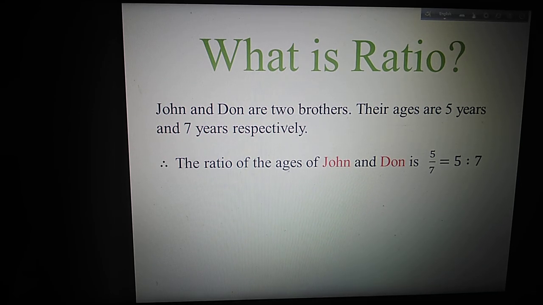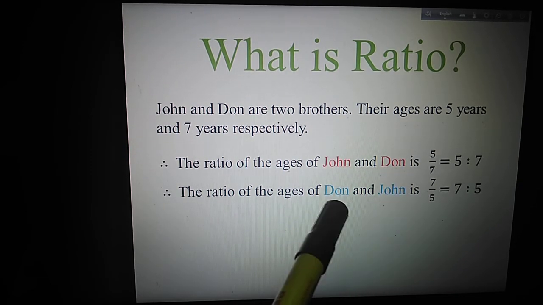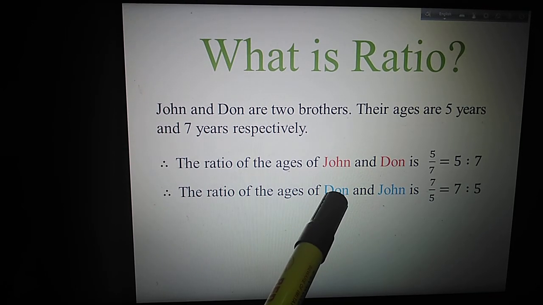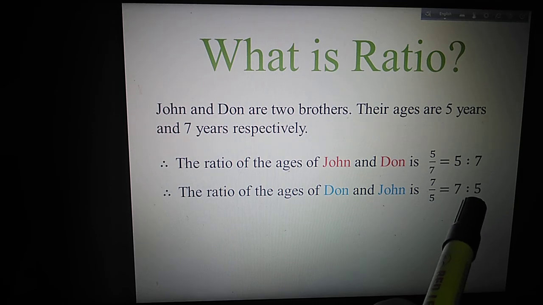That means we can write any fraction as a ratio. If I write the ratio of ages of Don and John, that means if we write Don earlier and John later, then what is Don's age? Don's age is 7 years and John's age is 5 years. Then we have to write 7 is to 5.